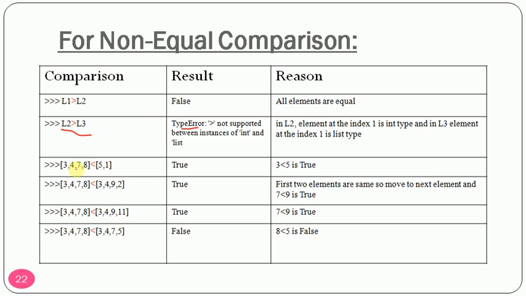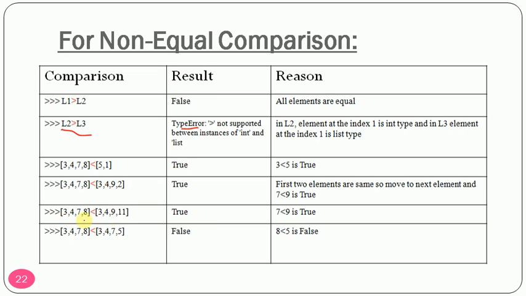Now look at this example. [3, 4, 7, 8] less than [5, 1]. That is True. [3, 4, 7, 8] less than [3, 4, 9, 2]. So 3, 4 it is okay. When it comes to 7 and 9, it is True. Now [3, 4, 7, 8] less than [3, 4, 9, 1].